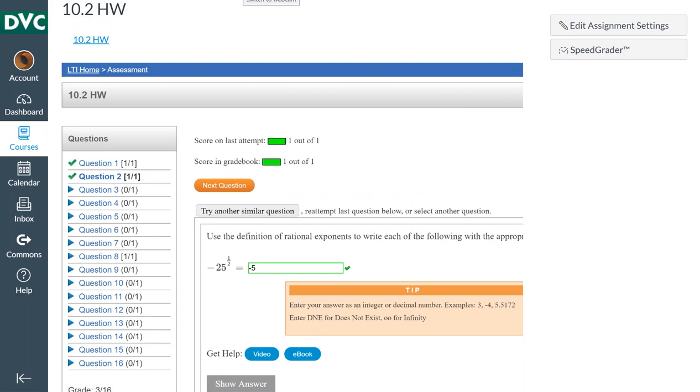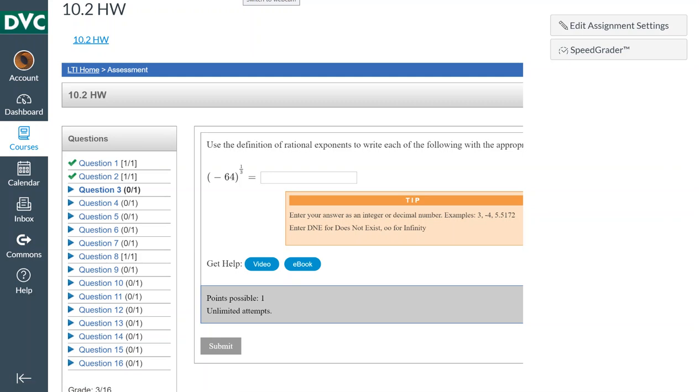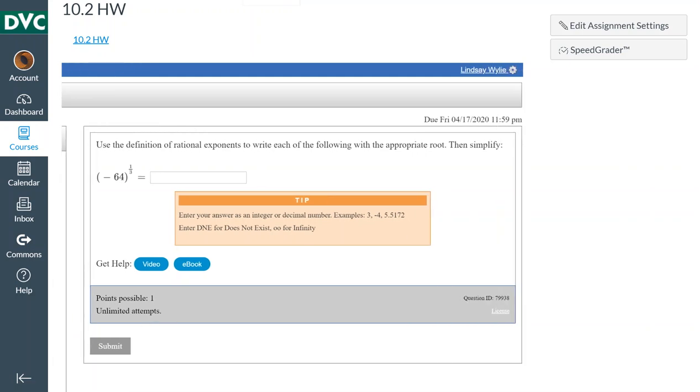Now contrast that to question 3, where we're asked to use the definition of fractional exponents and simplify this expression. So now I've got parentheses around that -64, and it's all being raised to the 1/3 power. Let's simplify this on a separate piece of paper.